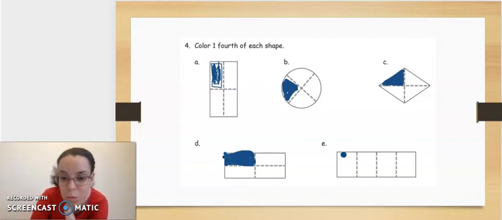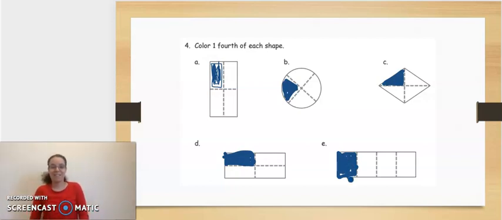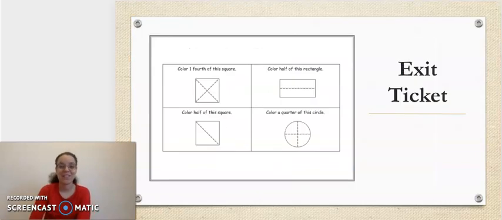And only 1/4. Did you guys color something kind of similar to mine? It doesn't matter which piece you colored in as long as you only colored 1/4 of it. That was fun. Let's keep going.